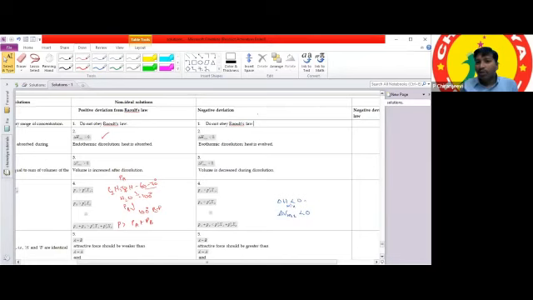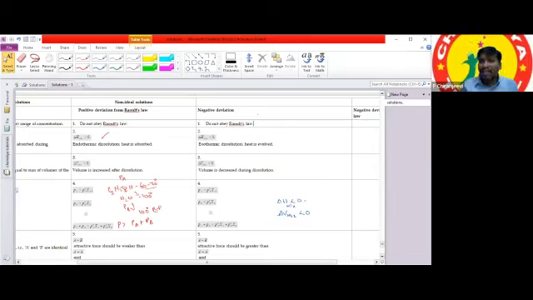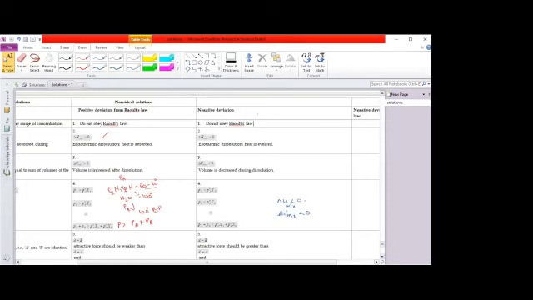I'm not asking whether it may be more than 0 or less than 0. Options: delta H is equal to 0; delta H is not equal to 0; both; none of the above. What is the answer? Delta H is not equal to 0.